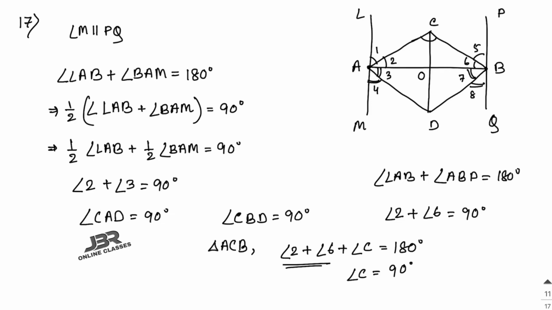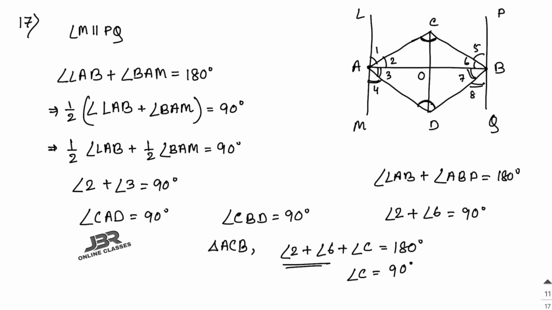Similarly, if C equals 90 degrees, then definitely D equals also 90 degrees. So the four angles A, B, C, D are all 90 degrees. So ABCD is either a rectangle or a square. But here you have to prove ABCD is a rectangle.